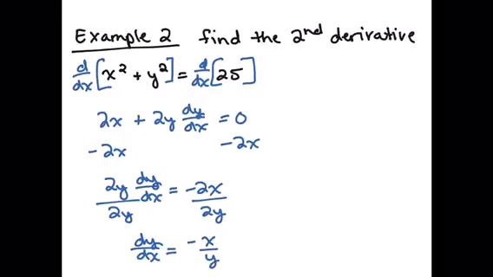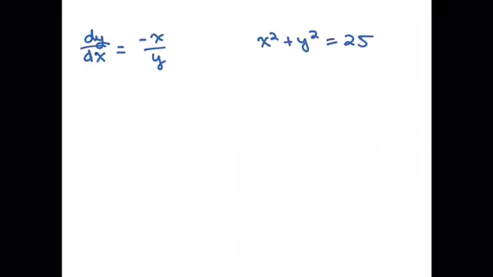Now I'm going to leave that negative in the numerator because we are going to have to do a second derivative using the quotient rule, and I need to assign the negative to either the numerator or the denominator to be able to use the quotient rule. So now we're going to take another derivative of negative x over y, which remember came from the function x squared plus y squared equals 25.